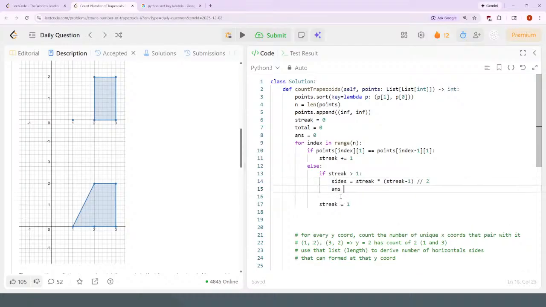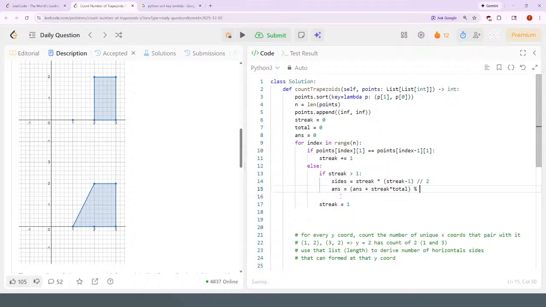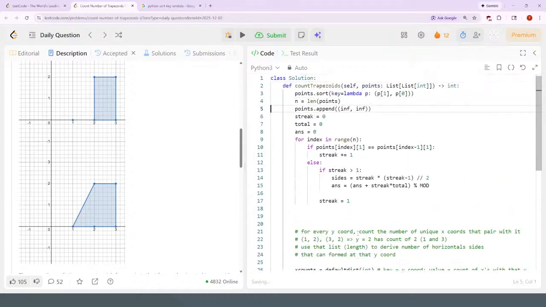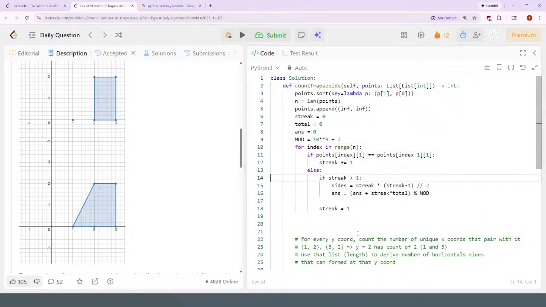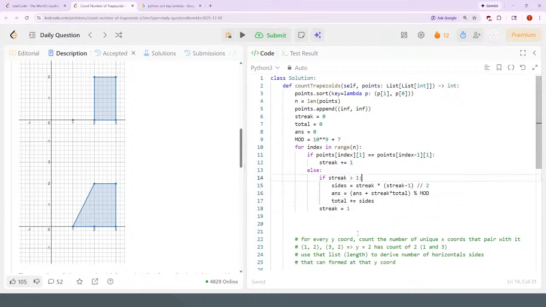And then answer increases by streak times the previous total, mod, and then the total increases by the number of sides at this level. And then that all occurs.